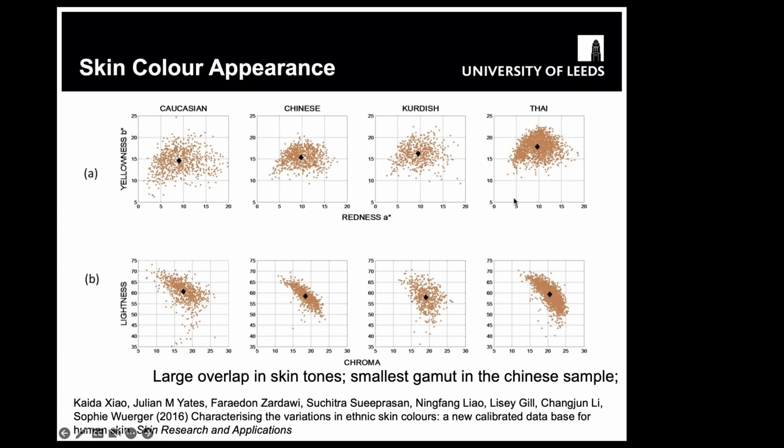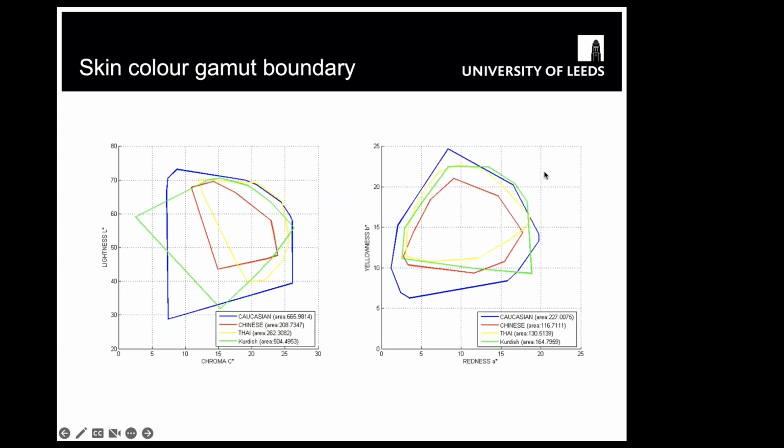And these are the results for Kurdish and for Thai. If you plot these figures to cover the largest area, we calculate the area. The Caucasians cover a large area, but the smallest is the Chinese, which is the red line, as you can see here, okay? That indicates the skin color gamut boundary.